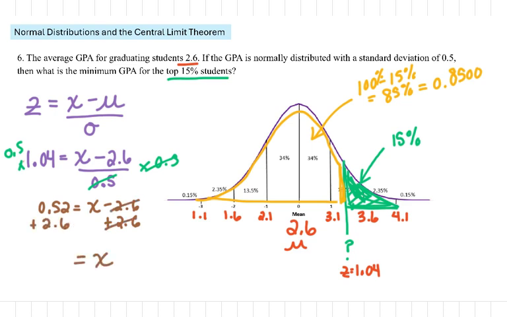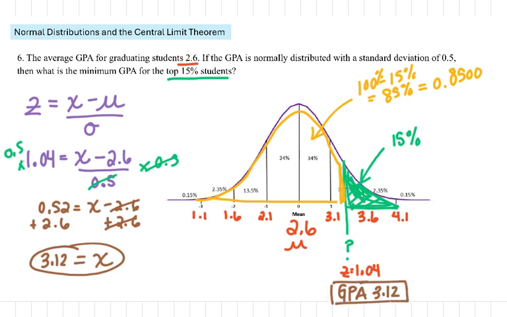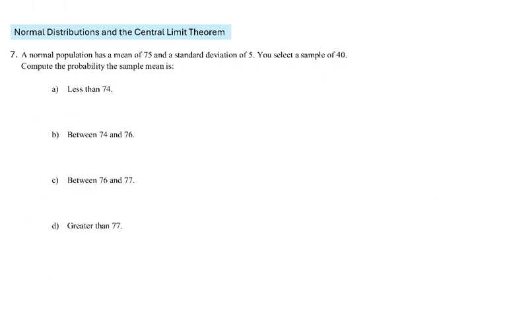We get that the minimum GPA would be 3.12. So what does that say? It says if we have a GPA of 3.12 as the cutoff, then 15% of the students, right here, would score higher than that.